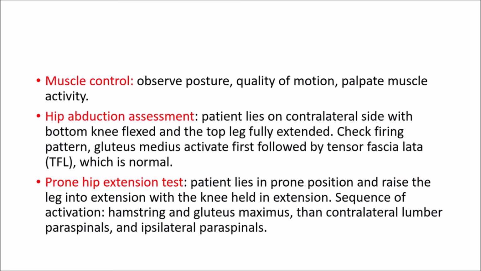You use palpation as well to confirm. But if this is negative, it means the paraspinal muscle will fire first as compared to the gluteus maximus muscle. So the firing pattern of hip extension is changed.